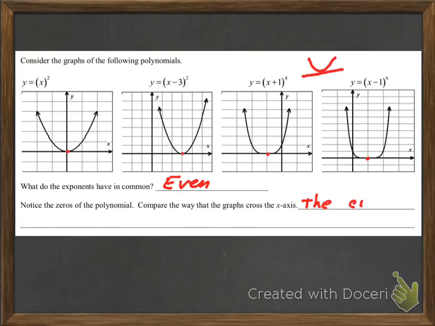The curve is tangent, which pulls out a geometry term out of your past. So the curve is tangent to the x-axis at the zero.